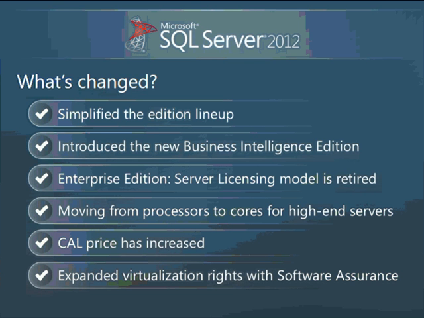We'll go through some details on that one. They have moved from processors to cores. Depending on where you are in your current licensing agreement with Microsoft, you may have already moved to cores, or you may be about to move to cores, so we'll talk about how that's all going to work. The CAL price has increased, and there have been some expanded virtualization rights included with software assurance.